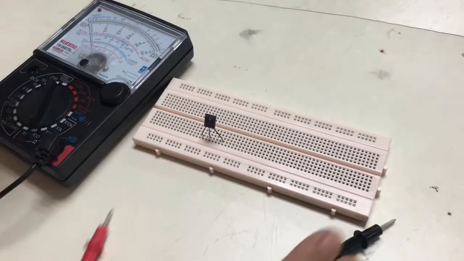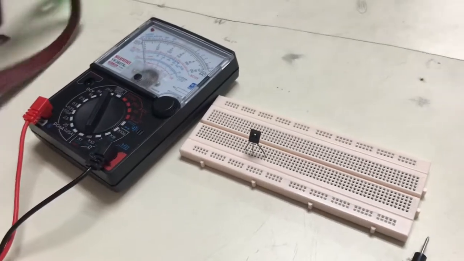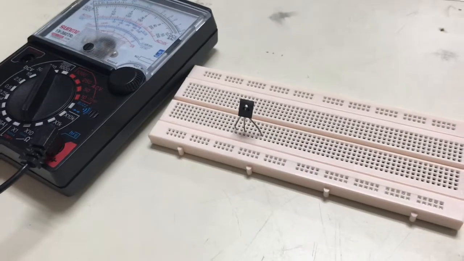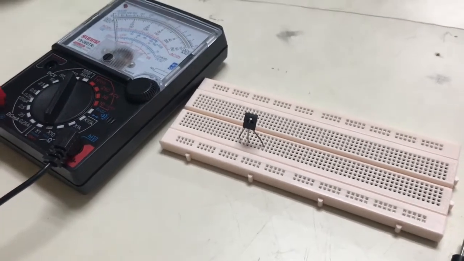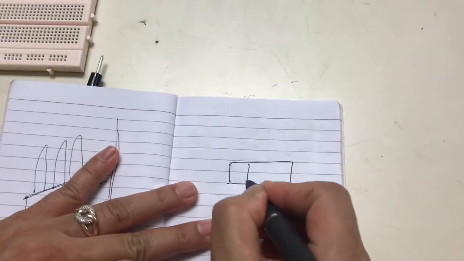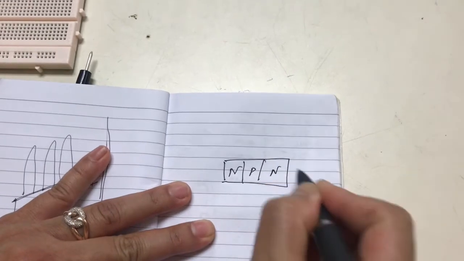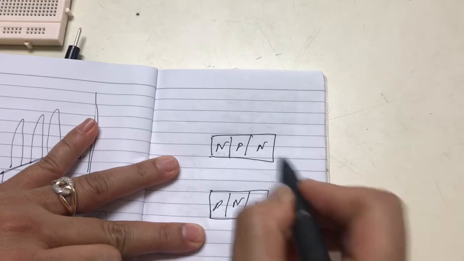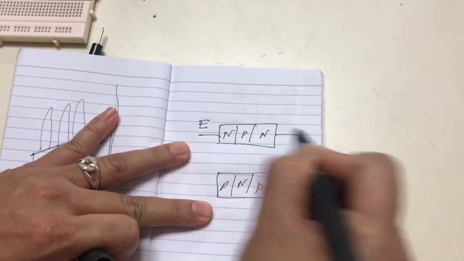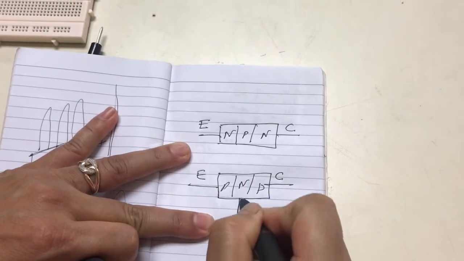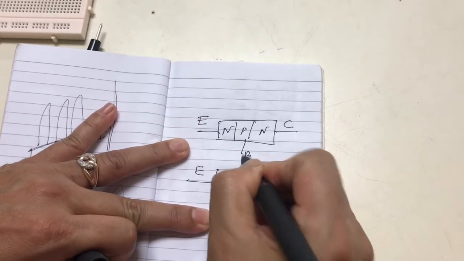Hold on, I take a paper. The transistor has 2 types, NPN or PNP. So this one is emitter, this one is collector, this one is base.